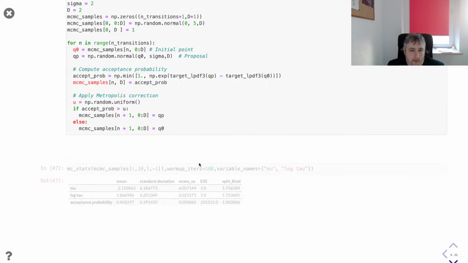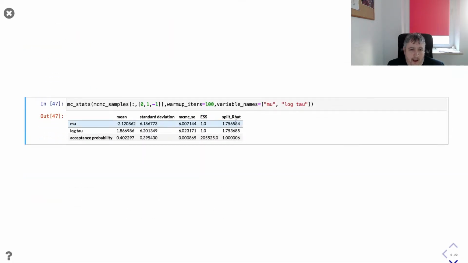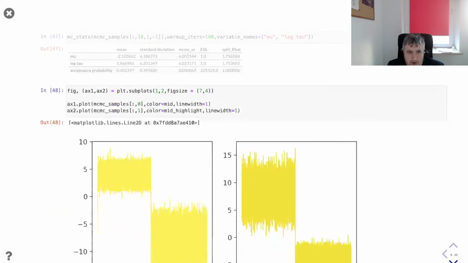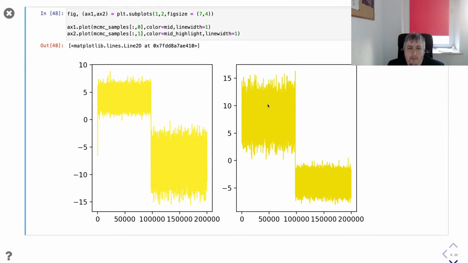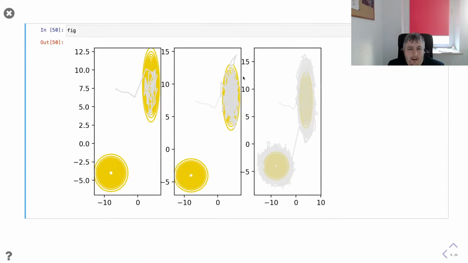If we increase the number of transitions, then things start to change, but the Markov chain standard error rises, the estimated sample size is very small, and R-hat is huge, because we had a jump here. We had a multimodal distribution, and this is a problematic situation: after starting here, it moved to here. So we had a transition moving from here.